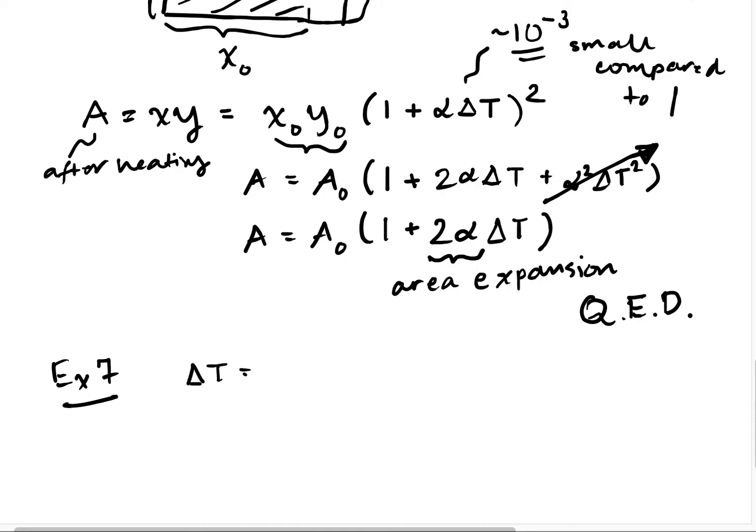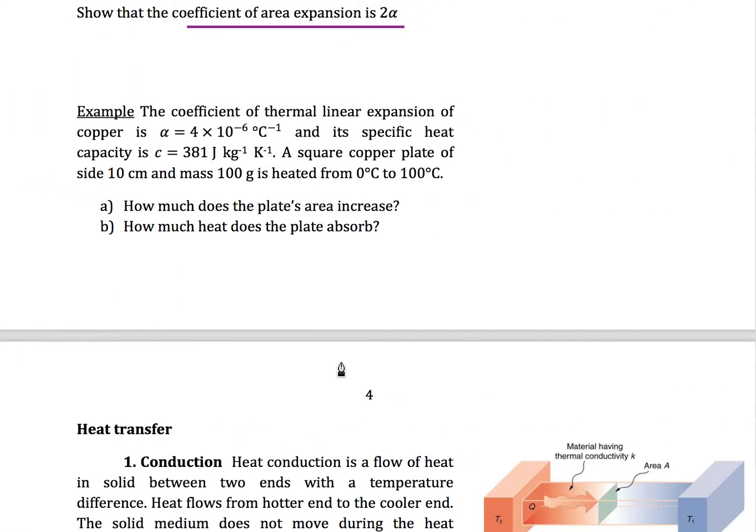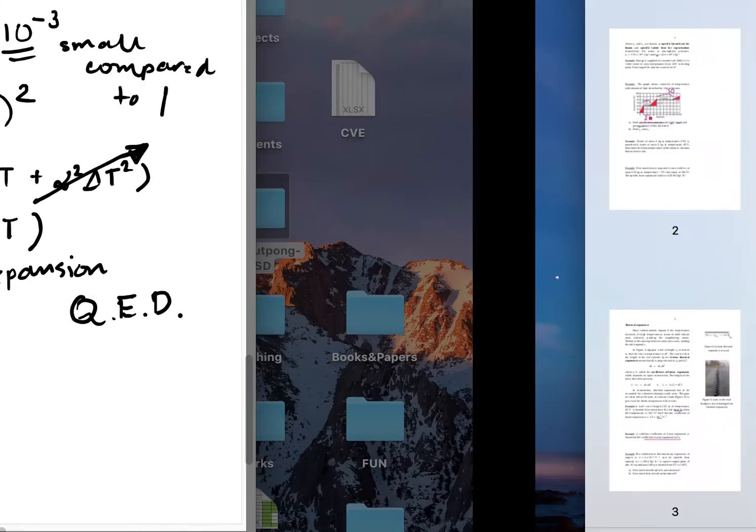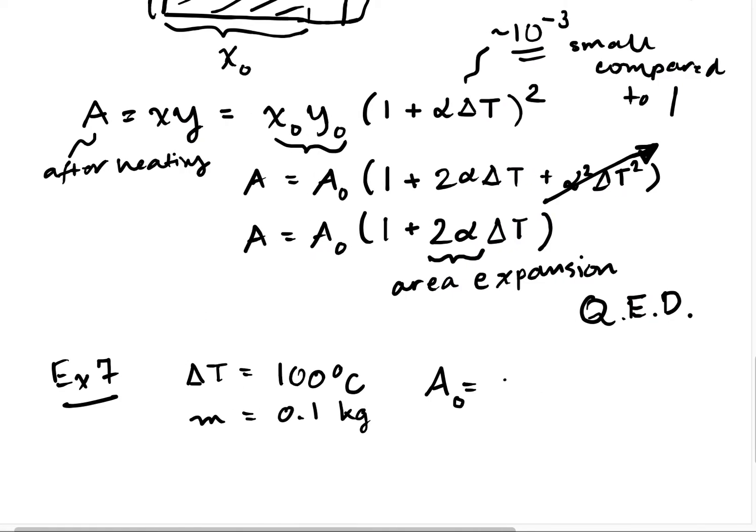So you have delta T of 100 degrees C or 100 Kelvin. Then you have the mass of 0.1 kilogram, and you have the area. I can say it is the A0 of 10 centimeters times 10 centimeters, so 0.1 times 0.1. So it's 0.01 square meter for the area.